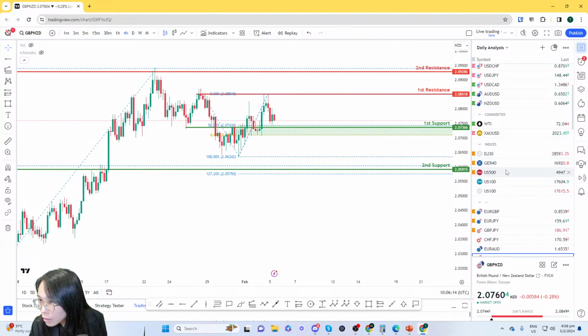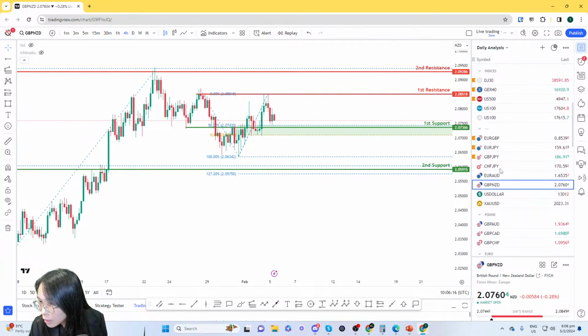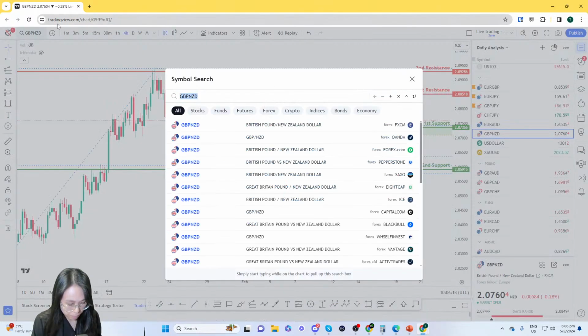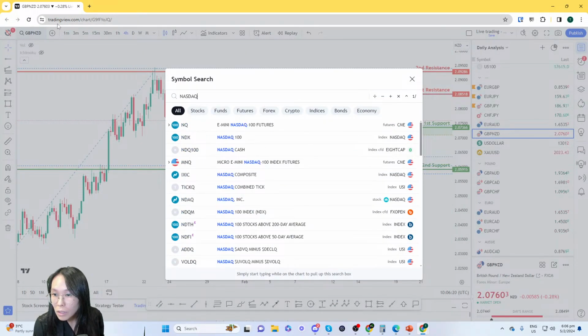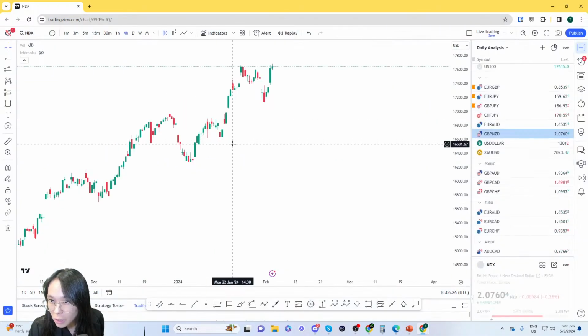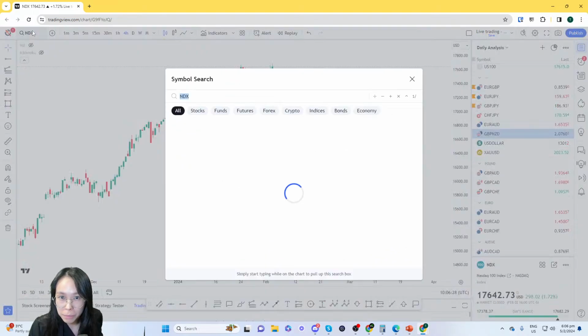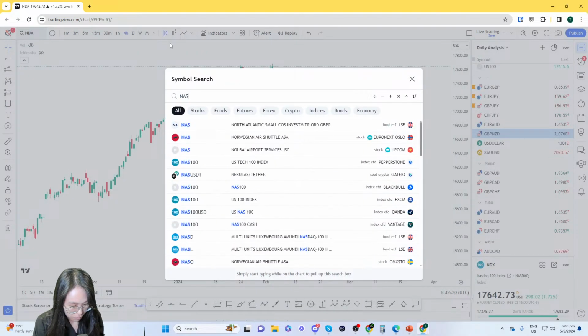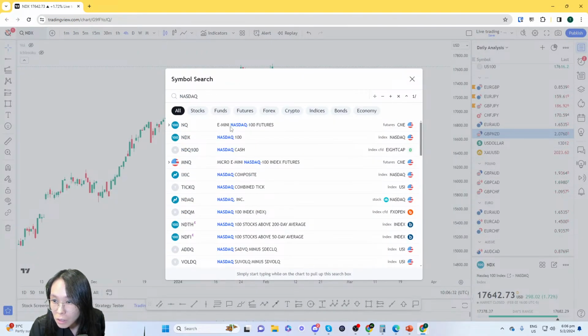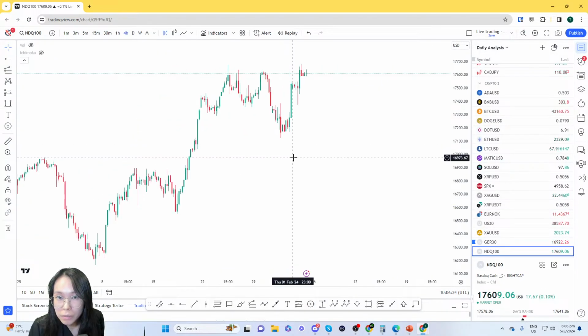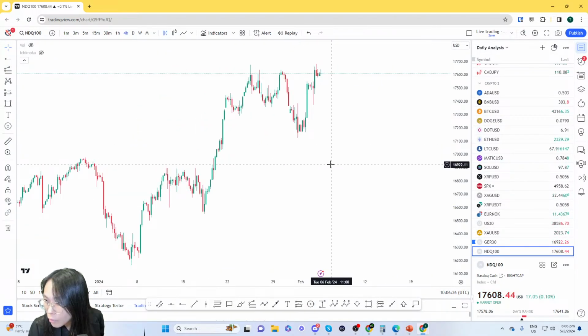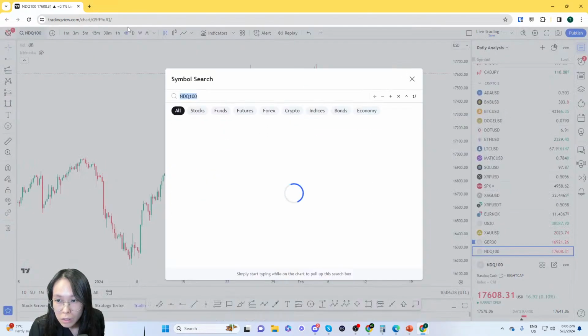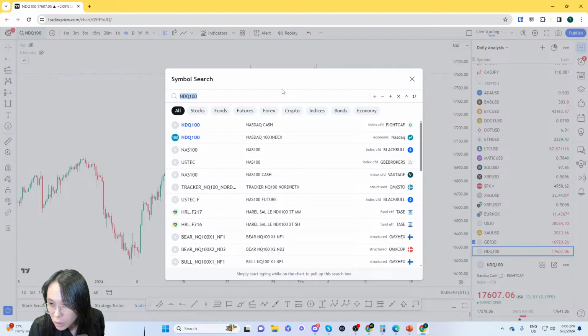Next, let's look at the next step 100. Okay, which is the symbol that you use?